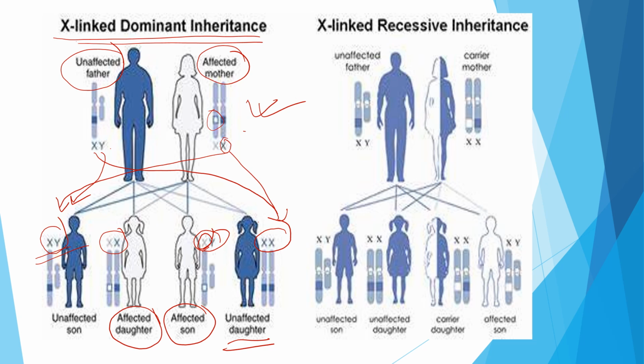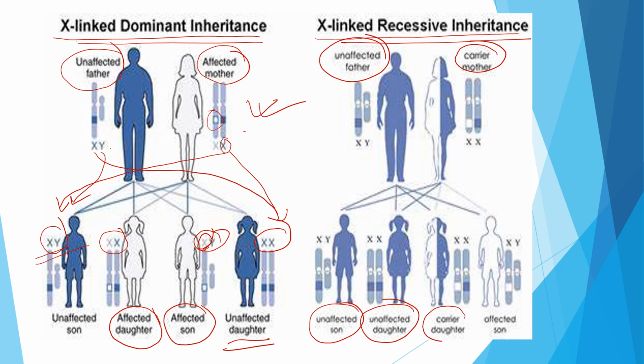Now what happens when we move to X-linked recessive inheritance? See, the unaffected father and carrier mother. Mother is not fully affected, mother is a carrier. So you can see here an unaffected son, unaffected daughter, carrier daughter and affected son. So how is this happening? After the mating, this X is the unaffected one from mother and Y is from father, so the son is unaffected.